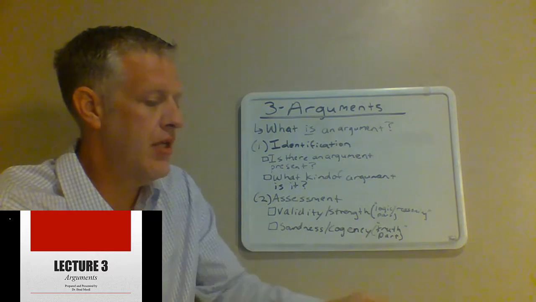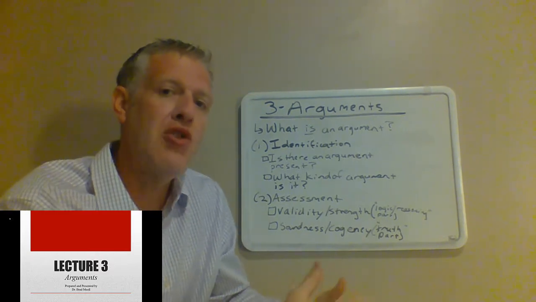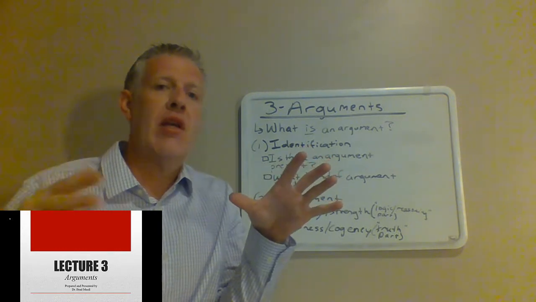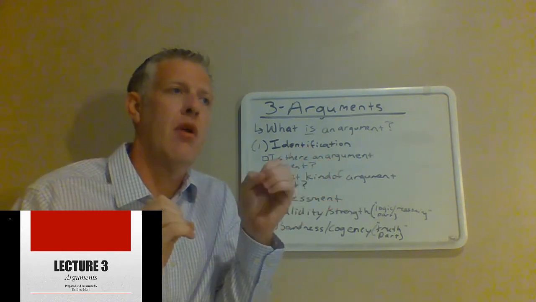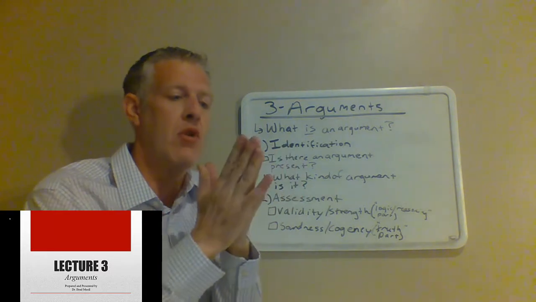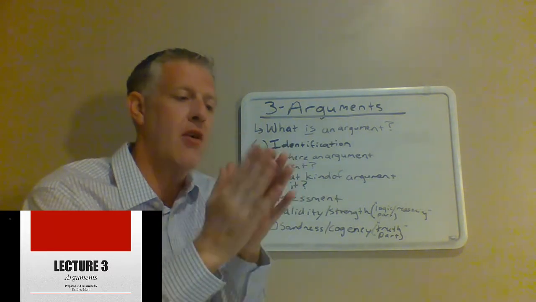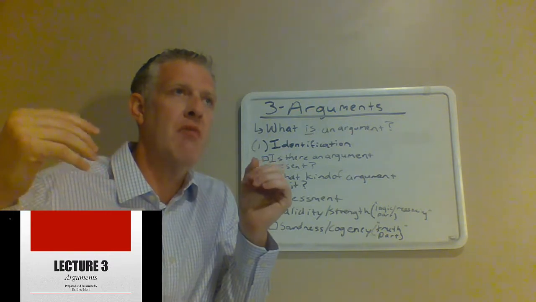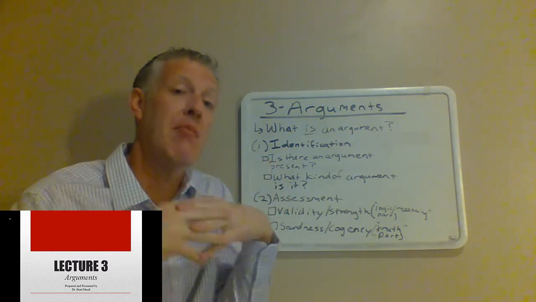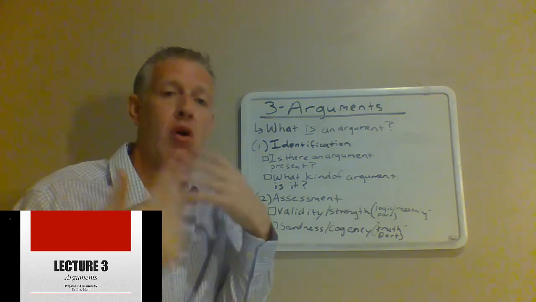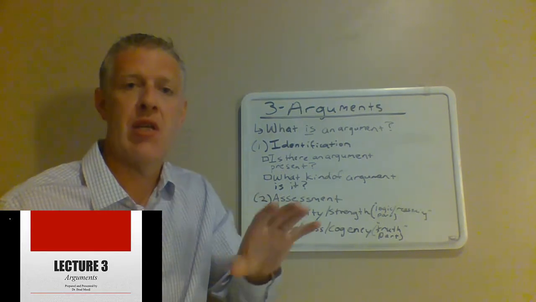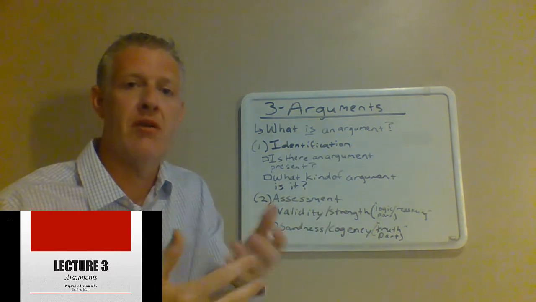And we'll conclude this lecture by talking about logical window dressing, things that we want to be on the lookout for that can creep in and mess things up for logicians when we're trying to identify and assess arguments. These things can be tricky because they might come across as being part of arguments or strengthening arguments when really they have, strictly speaking, no bearing on the logical merit of what's being said.